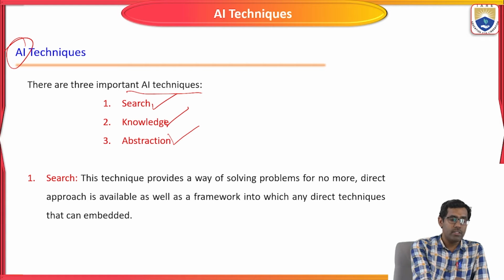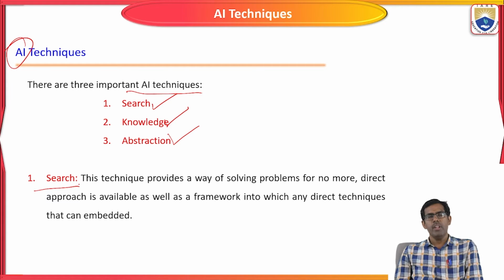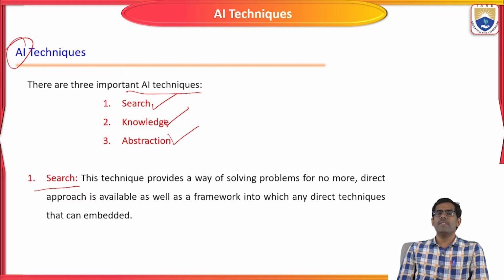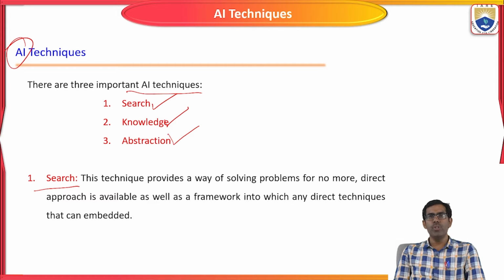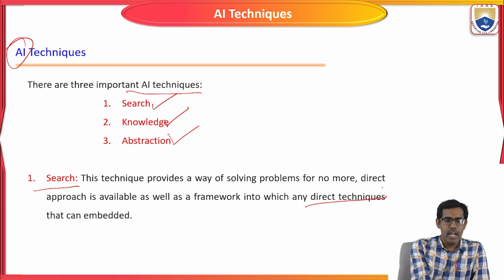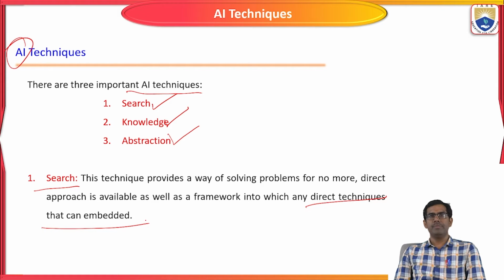The first one is search. There are various searches for artificial intelligence. How we gain some knowledge and information regarding your problem statement. This technique provides a way of solving a problem for which no more direct approach is available, as well as a framework into which a direct technique can be embedded.